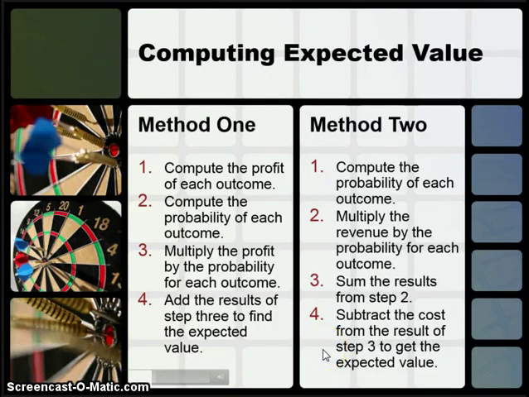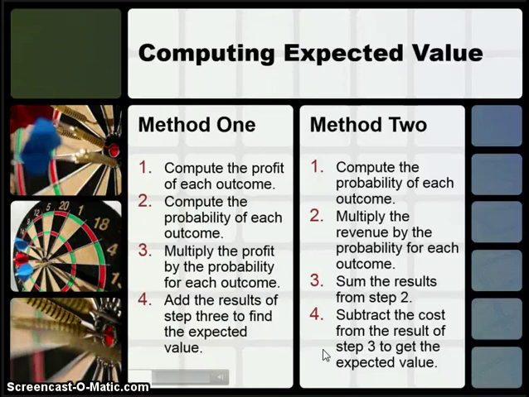In method 2, we compute the probability for each outcome. We multiply the revenue by the probability for each outcome. We sum the results from step 2, and then, finally, we subtract the cost from the result of step 3 to get the expected profit.